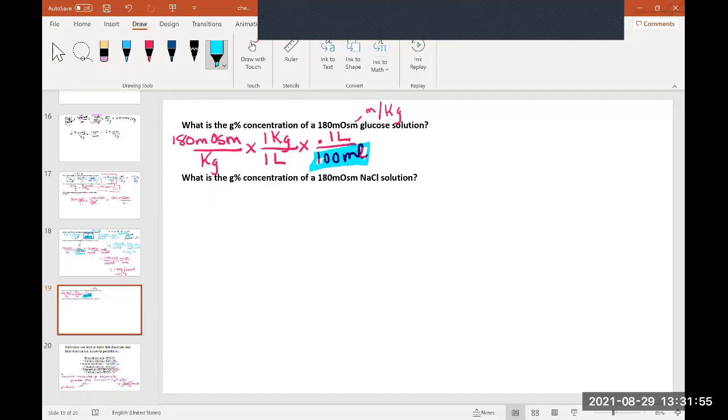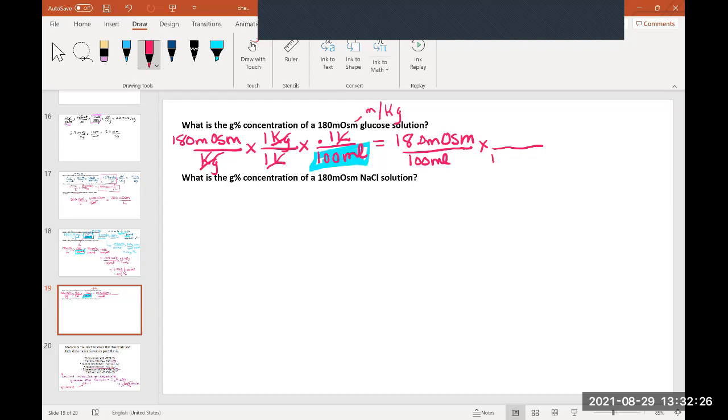So let's do our math with this. Kilograms would cancel. Our liters would cancel. And now we have 18 milliosmolal over 100 milliliters. Well, how do we get rid of this milliosmolal?